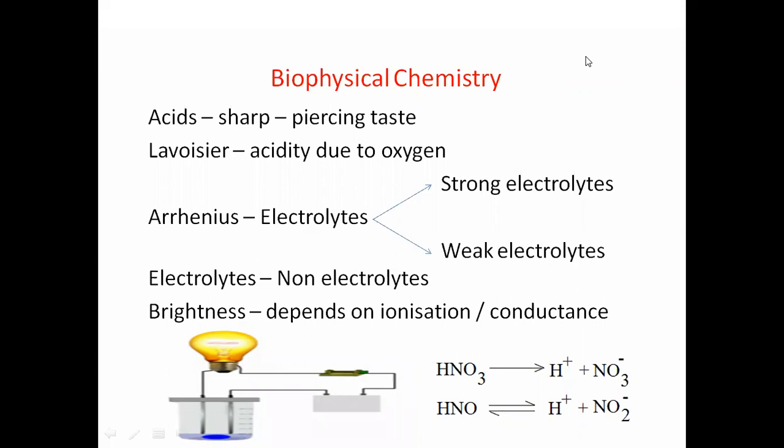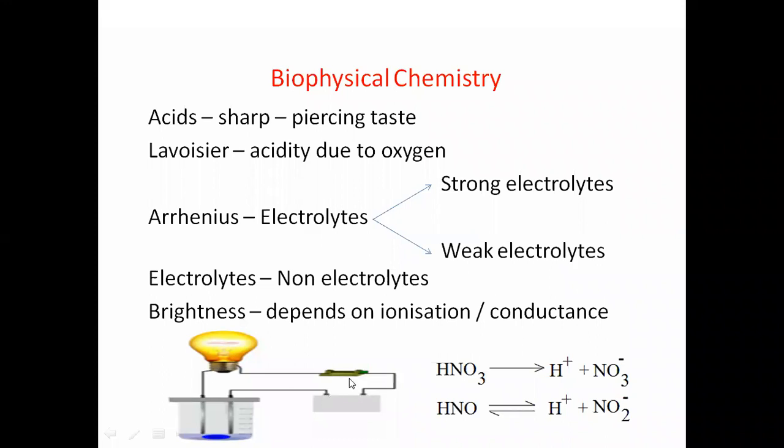Normally, if you want to understand electrolytes and non-electrolytes, the following experimental setup is made. This is what I have also told you to make by yourself so that you can understand. Look here, there is a small beaker in which two electrodes are dipped, and it is connected to the battery, the power source.